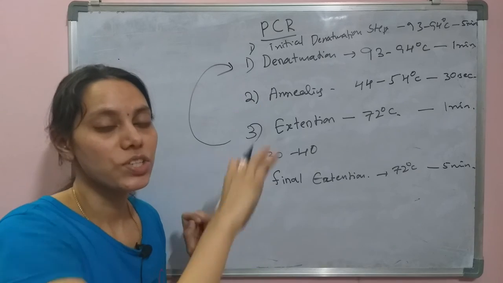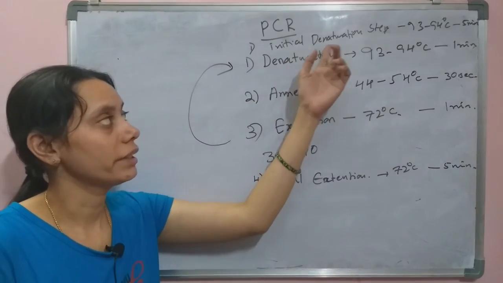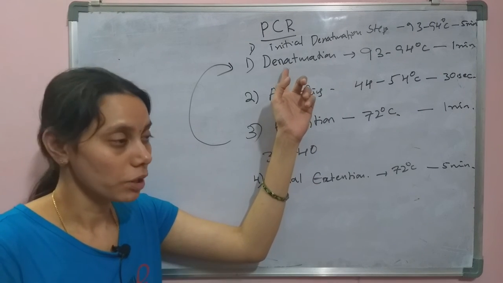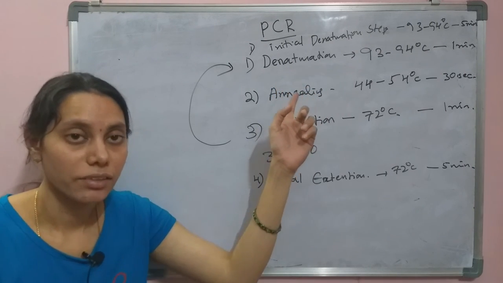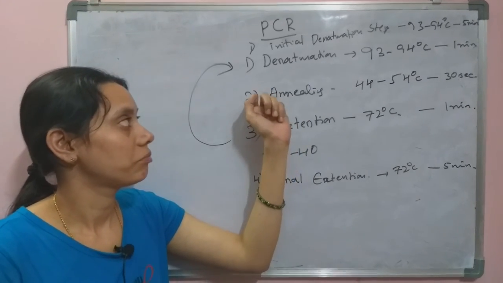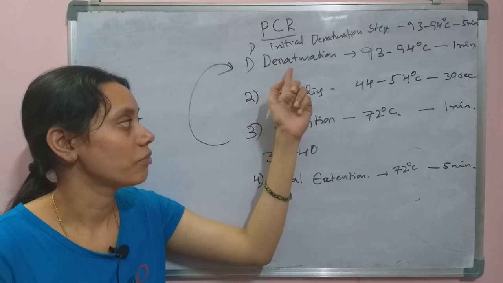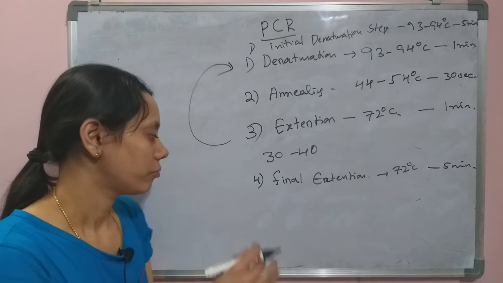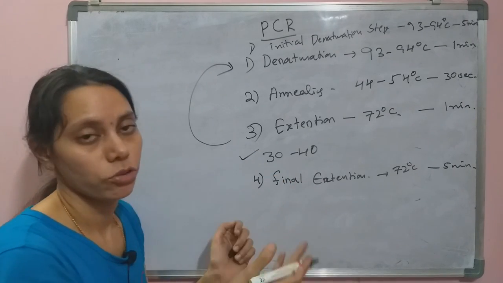First we initially denature all the DNA, and next we start cycling the reaction. In those repeated cycles we will have denaturing, annealing, extension. It may happen for 30 to 40 cycles.